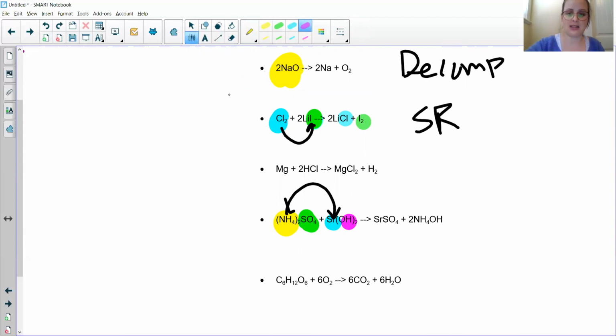They result in the same thing: your strontium switched places, so it's now with sulfate, green, and your ammonium is now with the hydroxide, which was pink. Okay, so they completely switch places. So this is a double replacement.